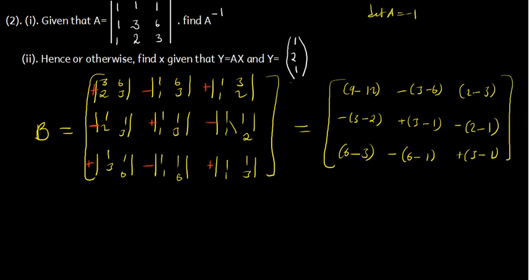Okay, so this is going to give us the matrix B, which is equal to 9 minus 12, that is a negative 3.